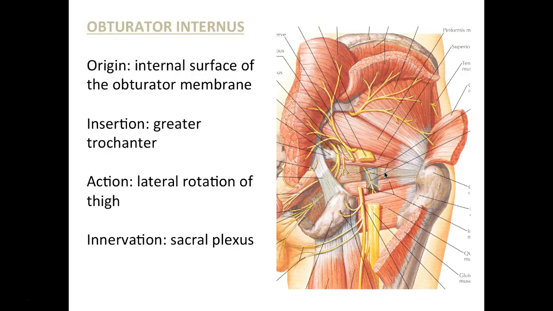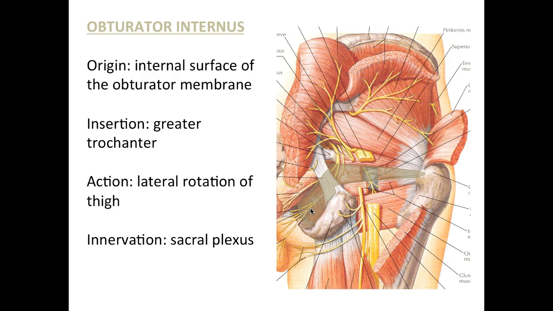So here's our obturator internus, and like I said, I know it looks like these are pretty muscular in here. When you look at this on the cadaver, this is actually more of a white tendon in this region, and the real muscle belly is down over here. So the origin of obturator internus is the internal surface of the obturator membrane.